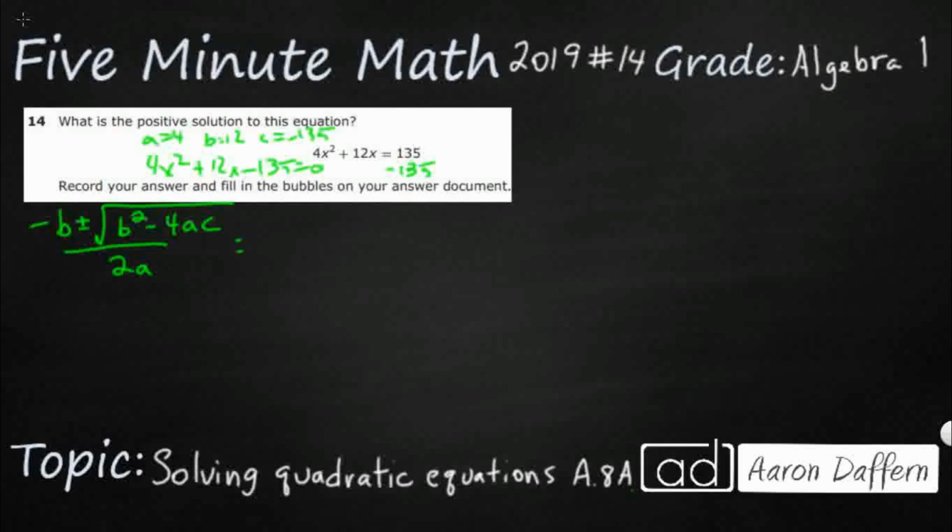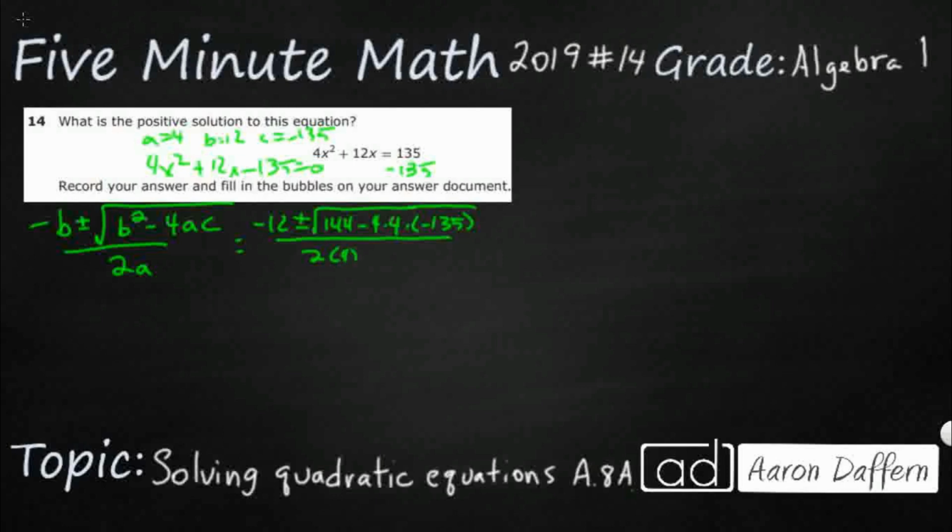So negative b is going to be negative 12 plus or minus the square root of 12 squared, that's going to be 144, minus 4 times a, which is 4, times c, which is negative 135. That's going to make it a positive up there. And then 2a, 2 times 4, that's going to make 8.